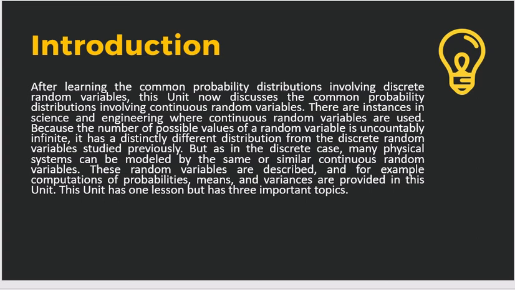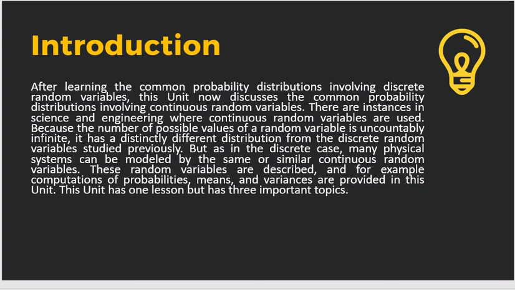Because the number of possible values of a random variable is uncountably infinite, it has a distinctly different distribution from the discrete random variables studied previously. But as in the discrete case, many physical systems can be modeled by the same or similar continuous random variables. These random variables are described, and, for example, the computation of probabilities, means, and variances are provided in this unit.